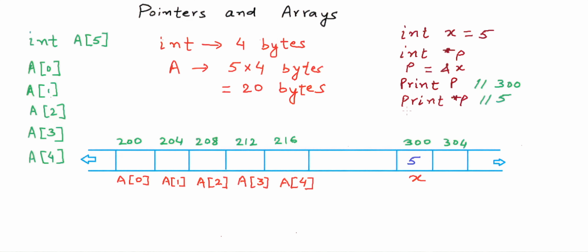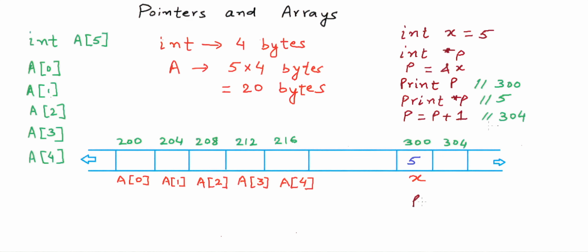This is fine, but we also know that we can increment or decrement a pointer variable by a constant. So we can do something like p equals p plus 1, and this will take us to the address of the next integer, and because an integer is 4 bytes, now p would be 304.